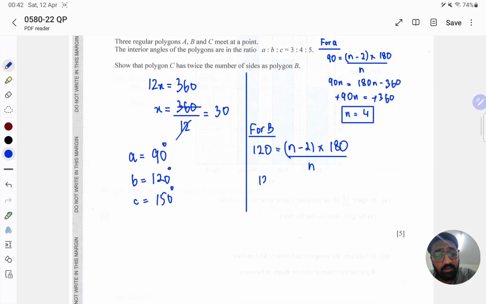Simplifying, 120n equals 180n minus 360. So minus 60n equals minus 360. If you further simplify, the value of n will be 6.